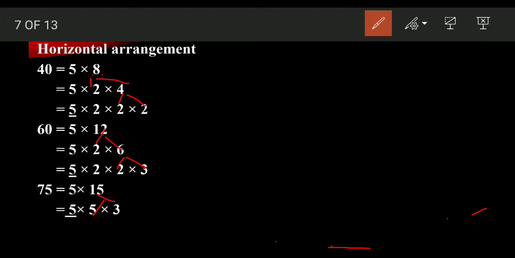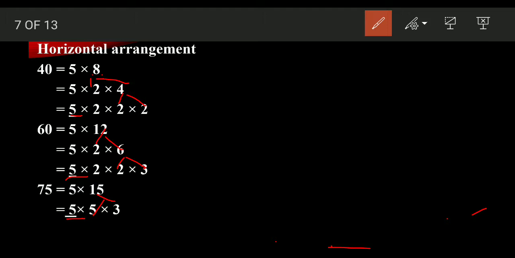Now let us see among these 3 factorizations which is a common factor among these 3 numbers. Okay. So first we will see the 5 is there here also, here. Any other number? 2, here 2 is there, here also 2 is there, but in 75 is there any 2?